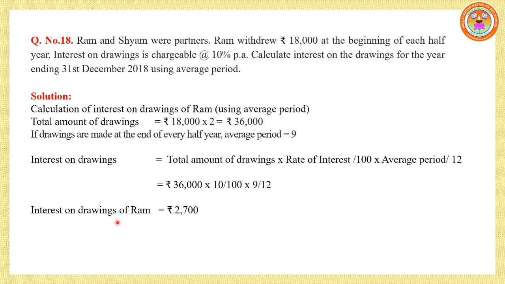Like under quarterly, beginning of each quarter, middle of each quarter, end of each quarter. Likewise, half-yearly, beginning of each half-yearly, middle of each half-yearly, and end of each half-yearly. So learn by heart the formula for these things for the calculation of interest on drawings.